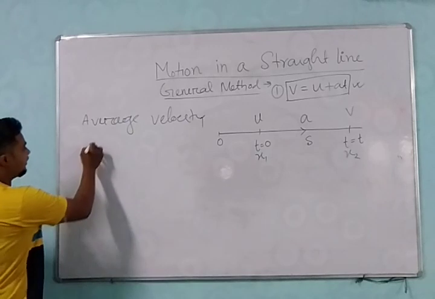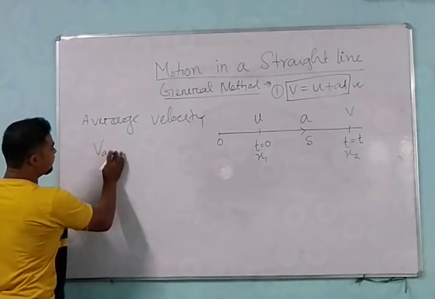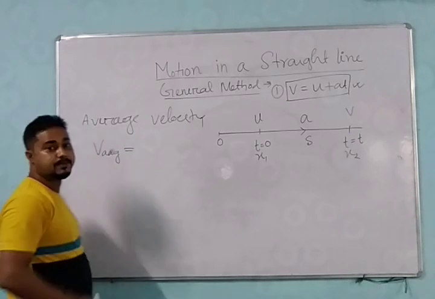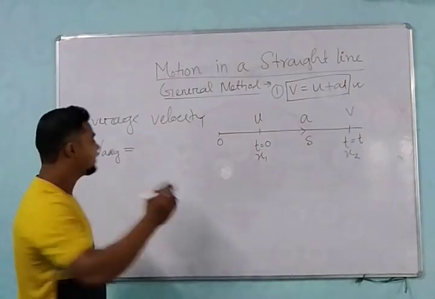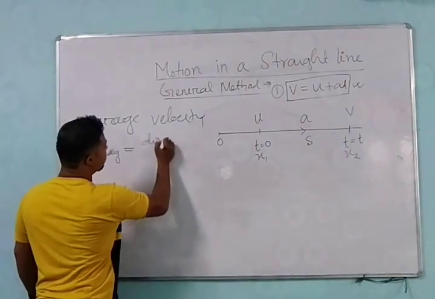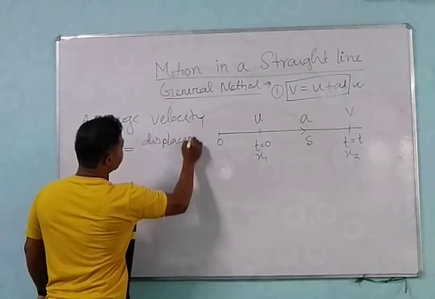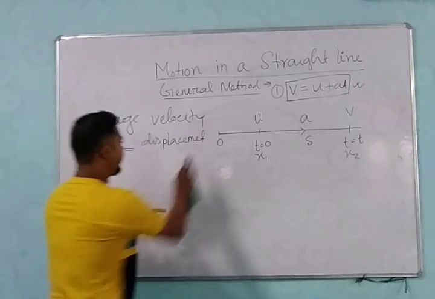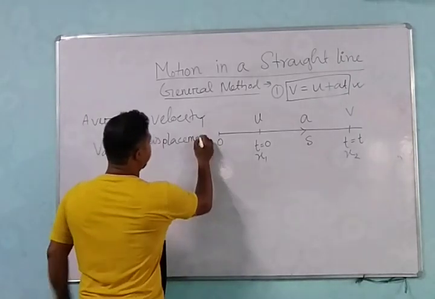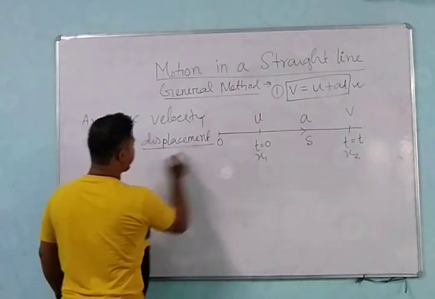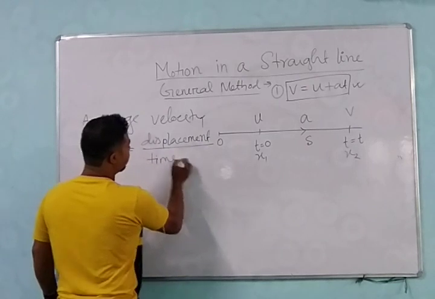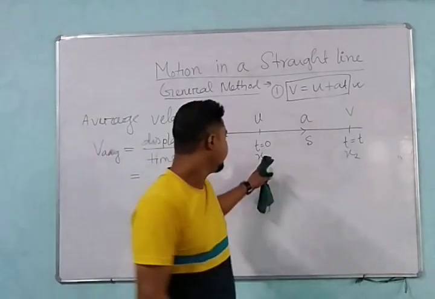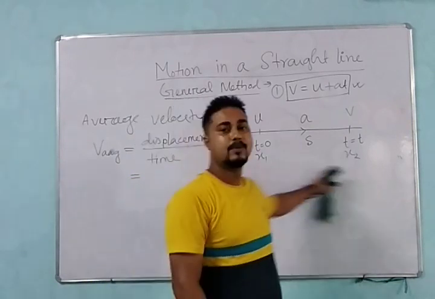We can write v average is equal to displacement divided by time taken. So here the body has moved from where to where? The body has moved from x1 to x2.